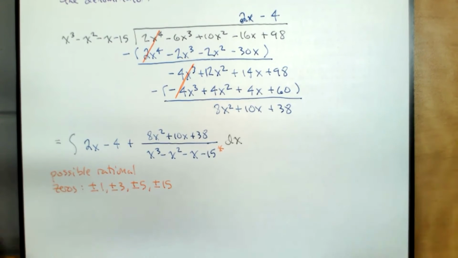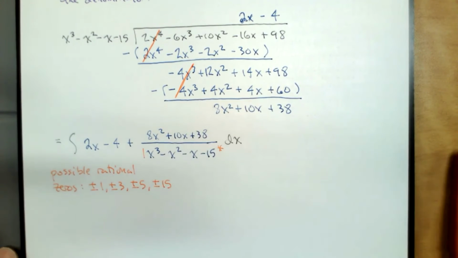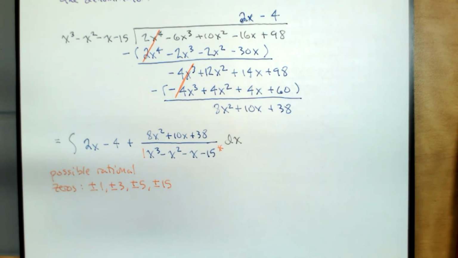That 15 and the 1 give us this list of possible rational zeros.